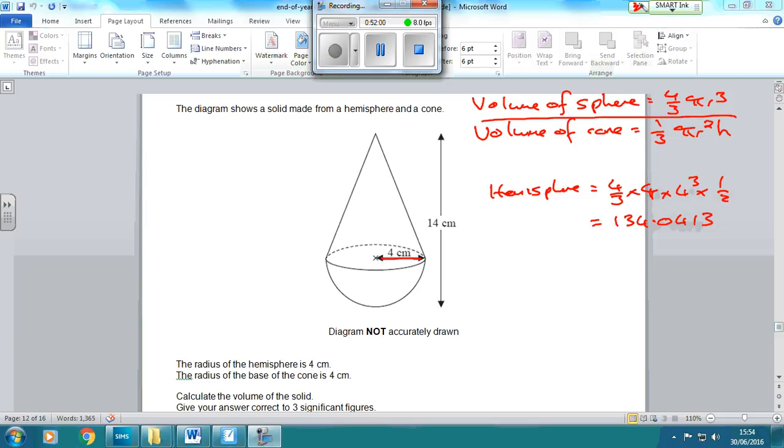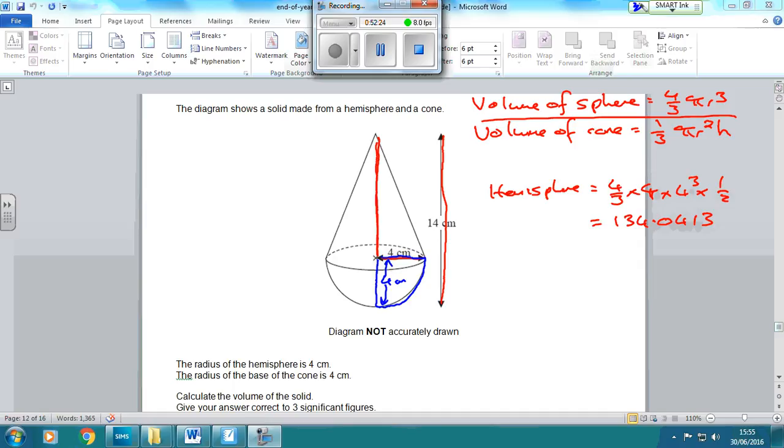Now we've got to do the volume of a cone, which is 1/3 pi r squared h. Now h is going to be the height of the cone. But notice that this is 14 centimeters for all of it. It's going to be this height here plus that height of the ball. Now we know that the radius of the ball, or hemisphere, is 4, so it's going to be 4 all the way down there. So this height here is 4 centimeters, and that's what most people, I don't think anyone got.